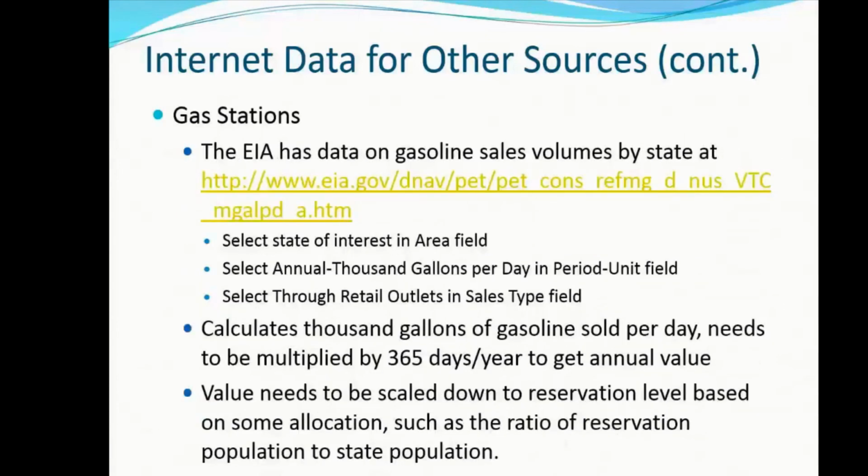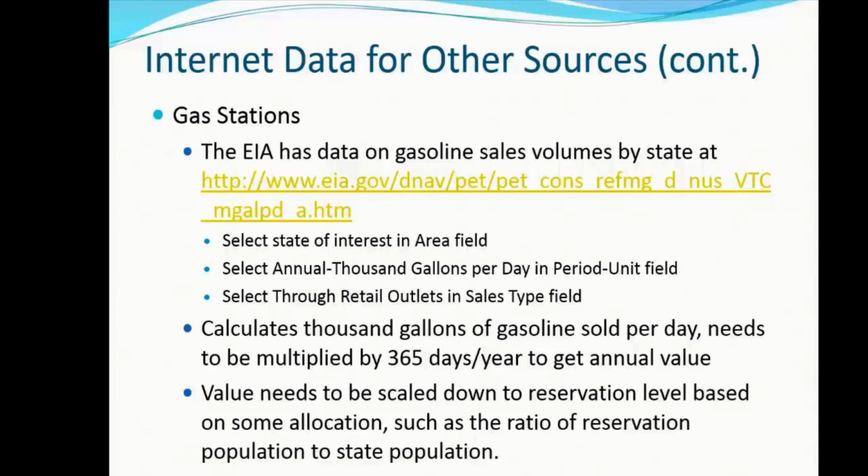Gas stations. This one is a very, very rough estimation method, but the EIA also has data on gasoline sales volumes, though it's all by state. So you're going to select the state of interest, then get an annual 1,000 gallons per day, and multiply that by 365 days a year to get the annual value.